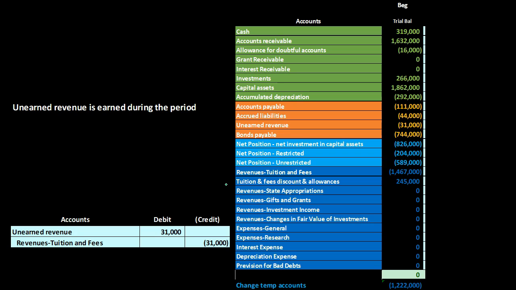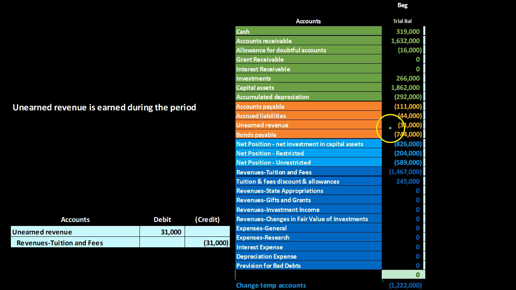So if we had cash, but we didn't earn it yet, we would have to record it in the unearned revenue. This unearned revenue represents some kind of asset that has been recorded for a transaction in the past for which we have not yet done the work and therefore haven't been able to record it as revenue.